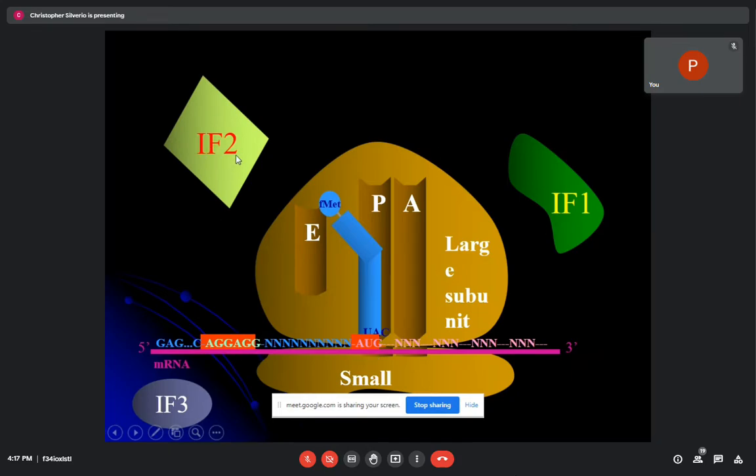And the initiation factors 1, 2, and 3 are very important in the translation process, because without these initiation factors, IF1, IF2, IF3, translation will not happen. As you can see now, the ribosomal subunits are combined.